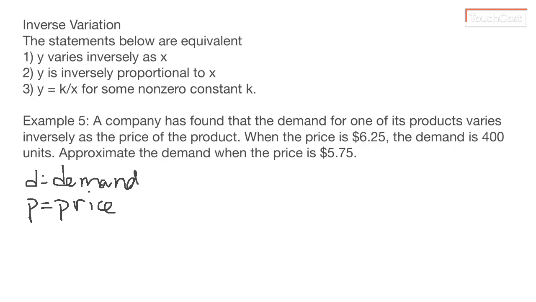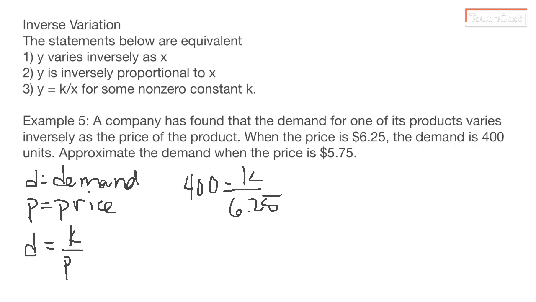So we can write this as D is equal to K over P. And we need to figure out K. What we do know is that D is 400 when P is 6.25. So we can write this as 400 is equal to K over 6.25.